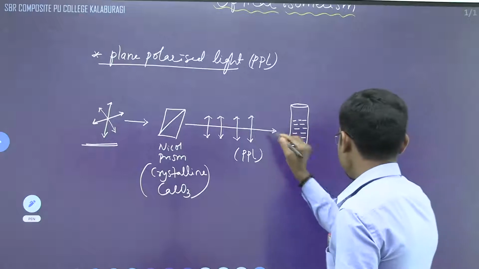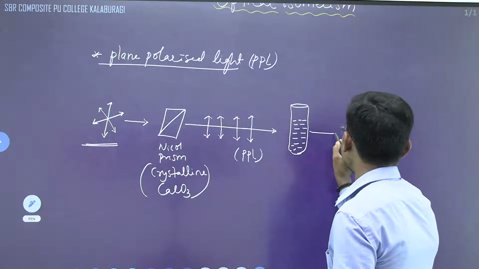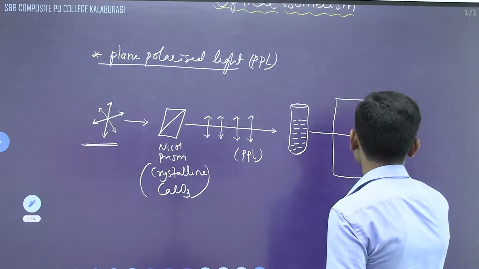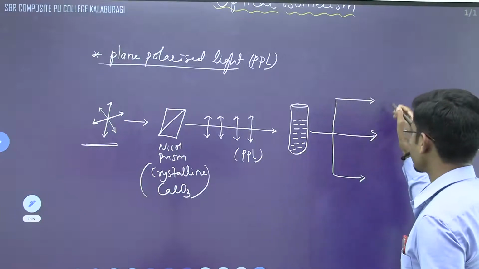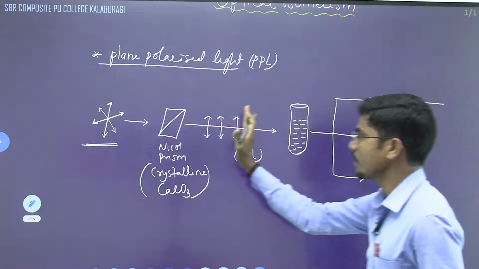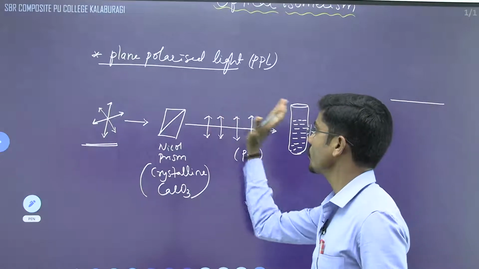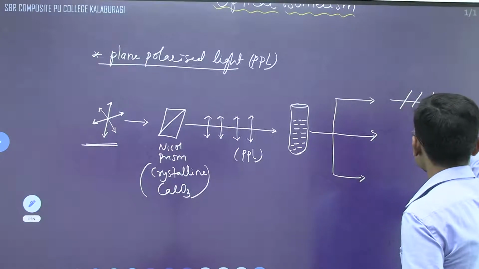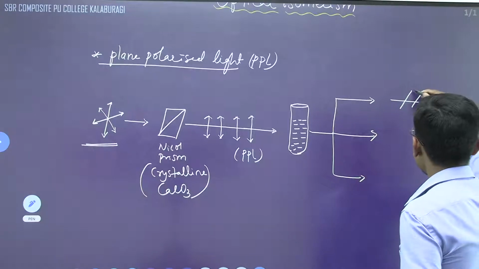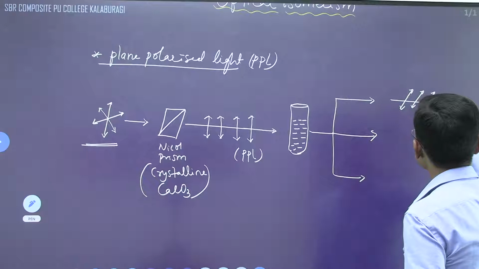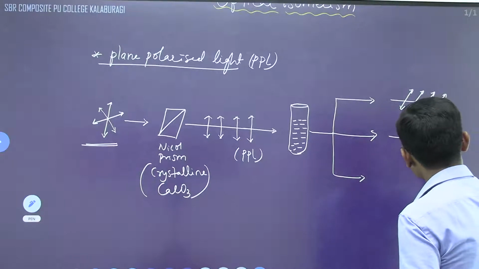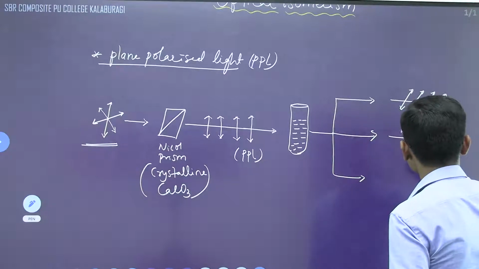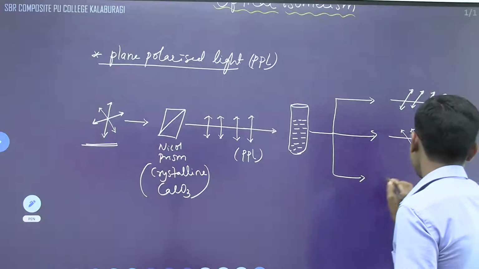The plane polarized light initially vibrated in one direction, and it may be rotated towards the right side, or it may be rotated towards the left side, or it may remain as it is.